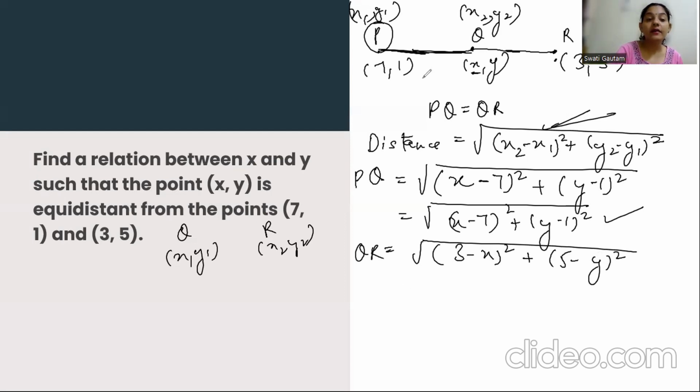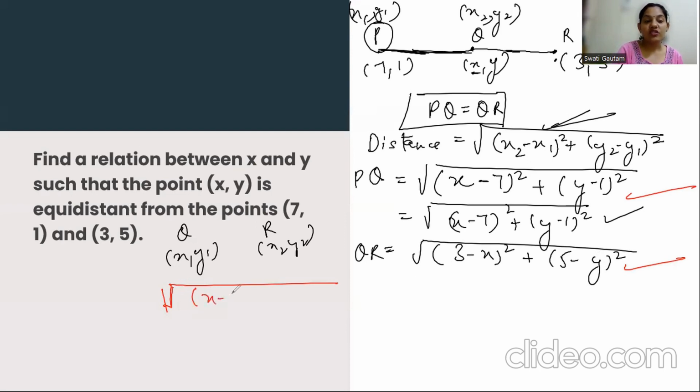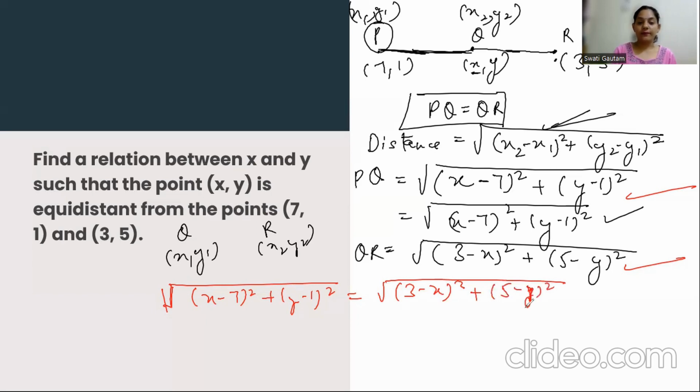Now I know that PQ is equal to QR. So I will put these two expressions equal to each other: the square root of (x minus 7) whole square plus (y minus 1) whole square is equal to the square root of (3 minus x) whole square plus (5 minus y) whole square, right?